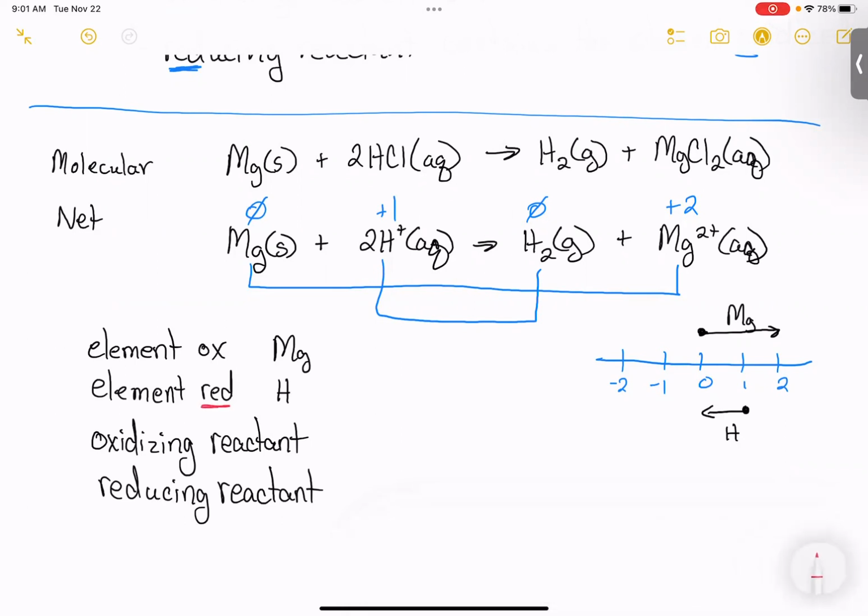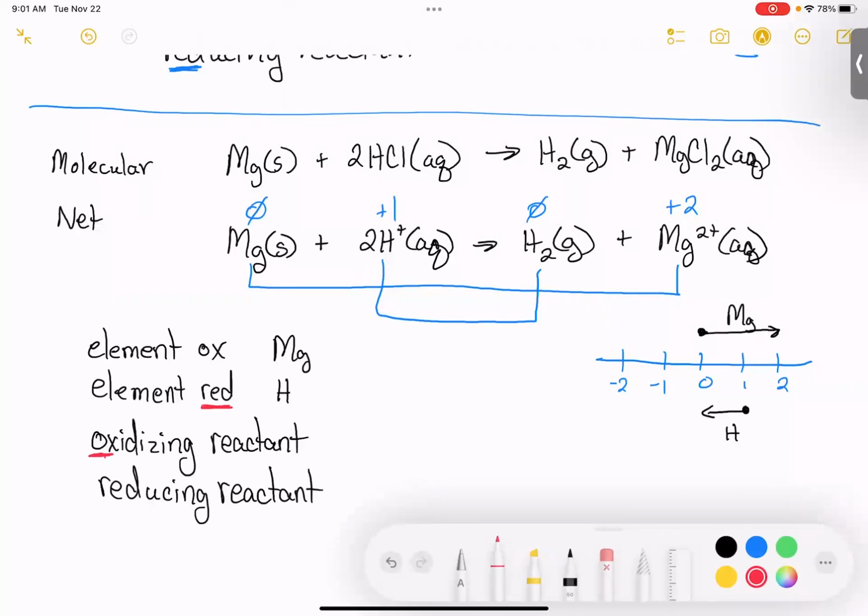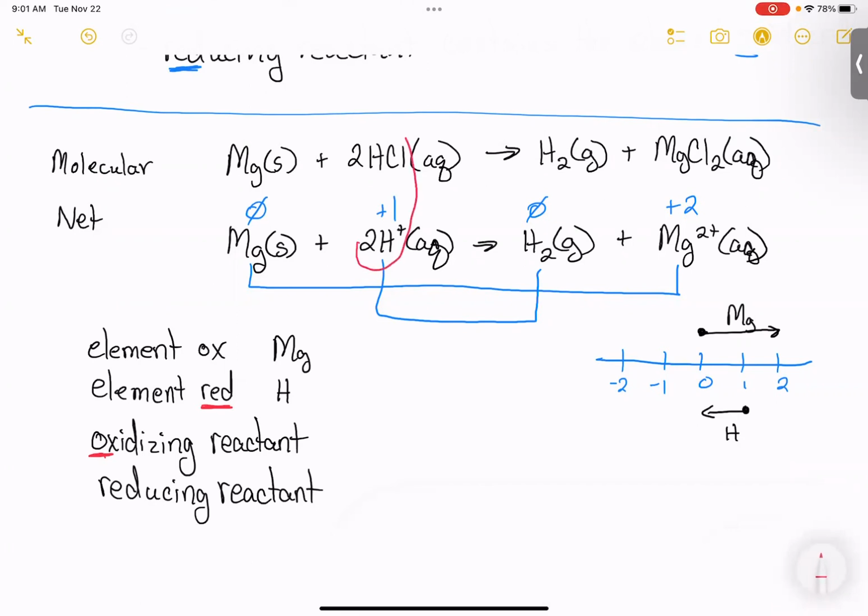The element reduced has to be in the oxidizing reactant. So we go back and we look: our element reduced was H+, or hydrogen. Hydrogen came from HCl.